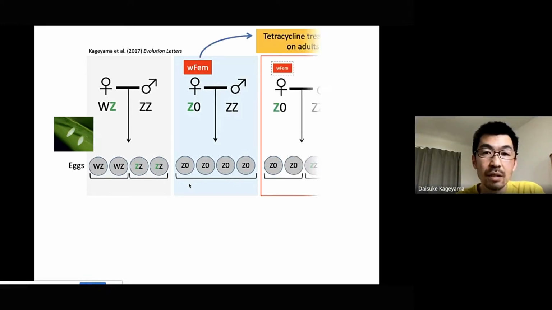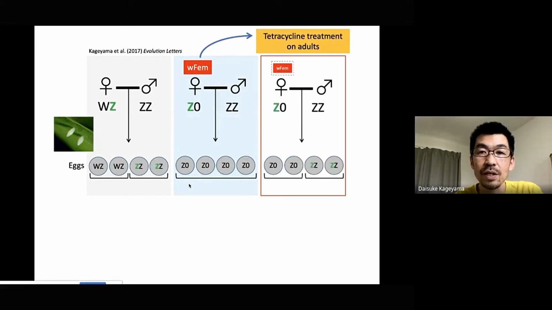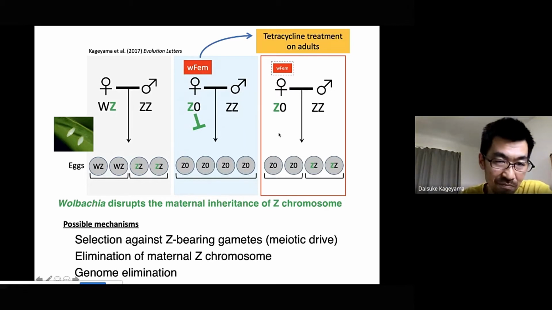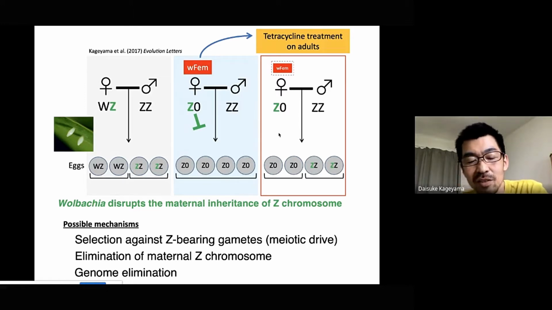But if we cure the adults, they start to produce ZZ also. So it's clear that the Wolbachia disrupt the maternal inheritance of Z chromosomes. But the detailed mechanism is still unknown. There are three possible mechanisms, but until now we cannot discriminate between these.